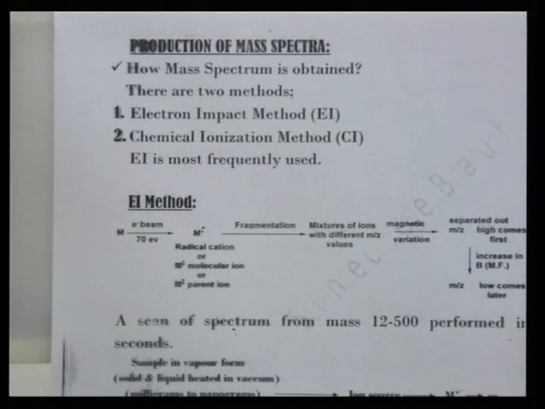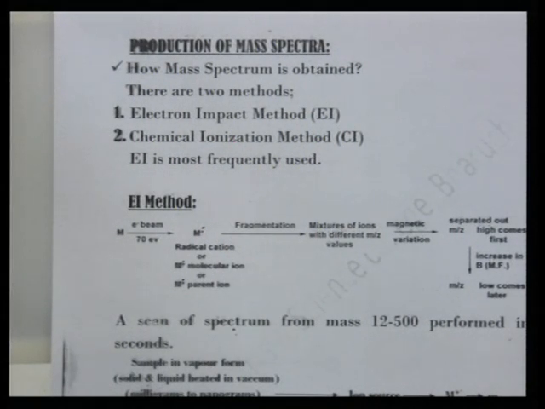In general, this reaction can be explained as follows: a neutral organic molecule M in gaseous form is bombarded with an electron. It removes one electron to produce the molecular ion. Then the intensity of the beam is increased up to 70 electron volts.